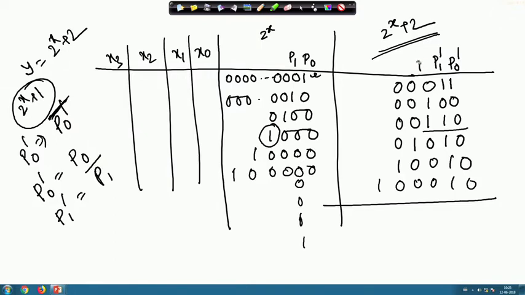Now if I consider P2 dashed, how is it changing from 2 to the power x? Here also you see the same trend that we observed in the 2 to the power x plus 1 case. In that case, for this particular bit position, initially there was 0, then 1, then the rest of the bits were 0. Here this is 0 and only this is 1, and otherwise it remains the same.